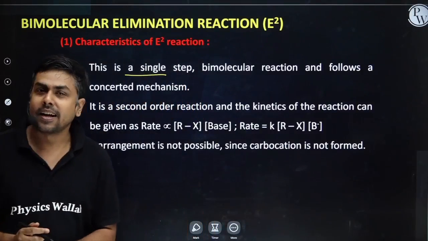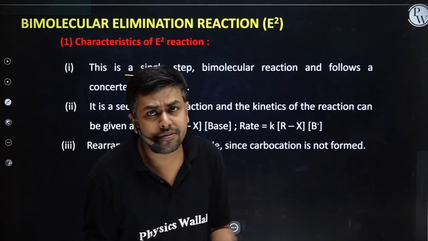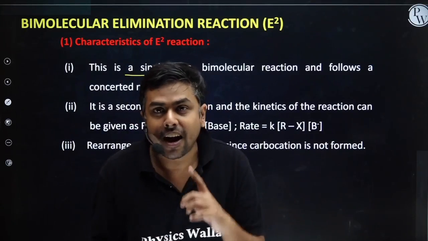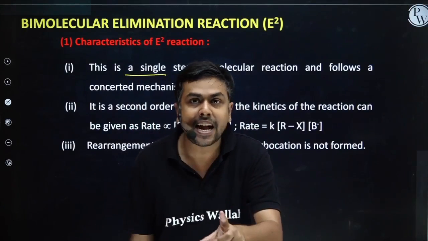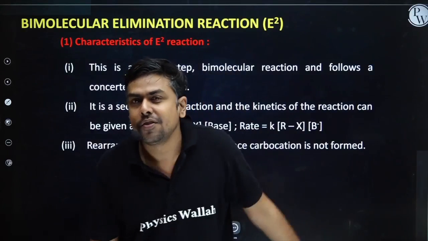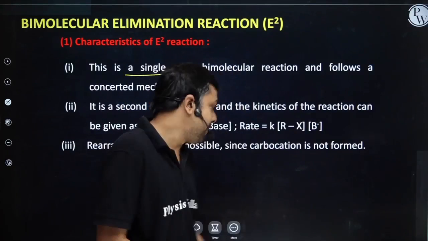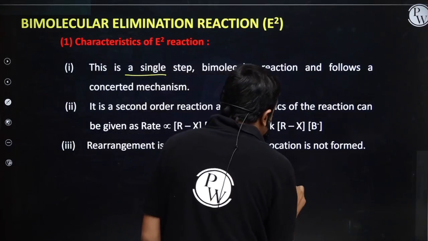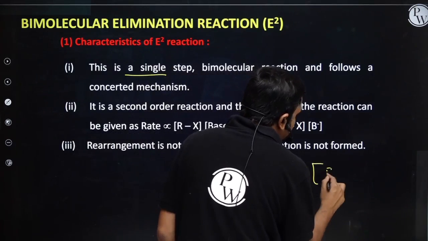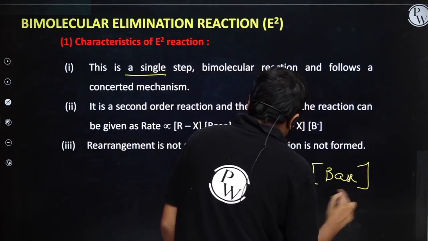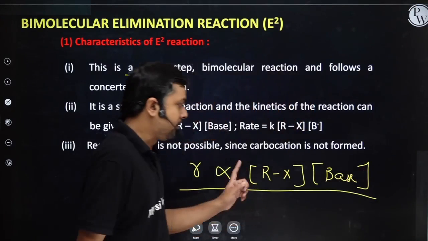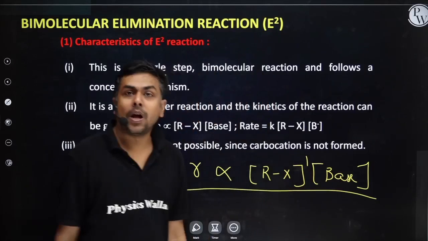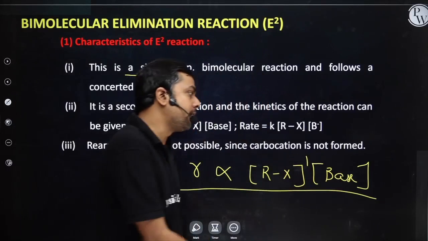If it's a single step reaction, the first step is itself the RDS, and in RDS both alkyl halide as well as base is involved. So can I say the rate of reaction is dependent on the concentration of alkyl halide as well as the base? Am I clear? First order with respect to alkyl halide, first order with respect to base.